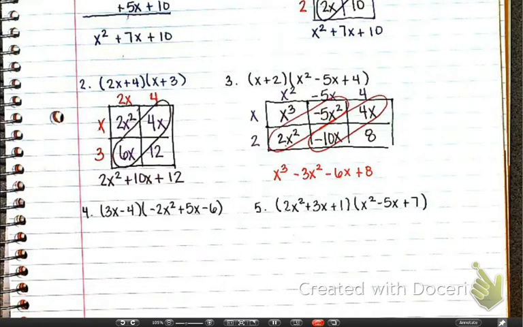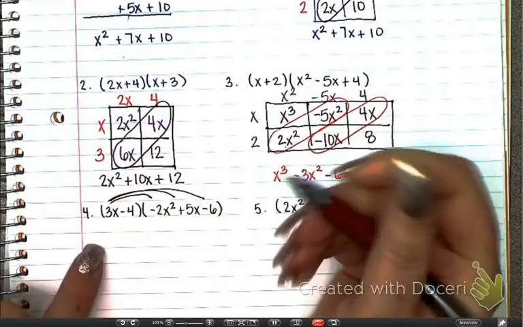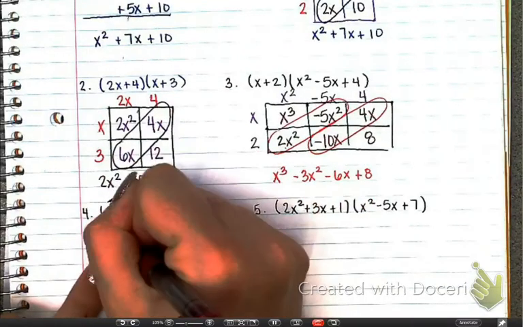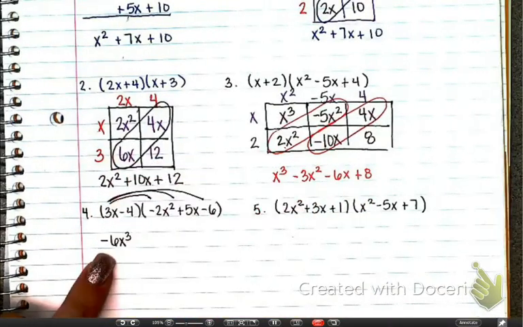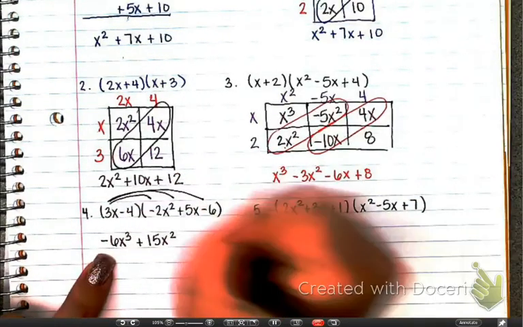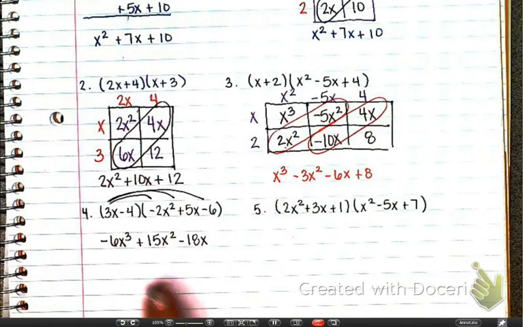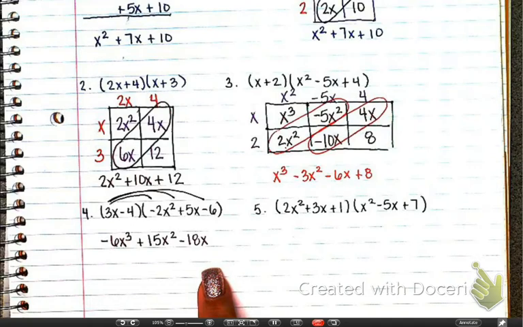I'm going to distribute for number 4 just so those of you that are distributing can see it. Those of you that are not distributing can see it a different way. Okay. All right, so number 4, if I distribute this 3x, I get negative 6x to the third plus 15x squared minus 18x. If you did the box, that should be the terms in the one row of your box or column, depending on how you set it up. You should have the exact same terms.